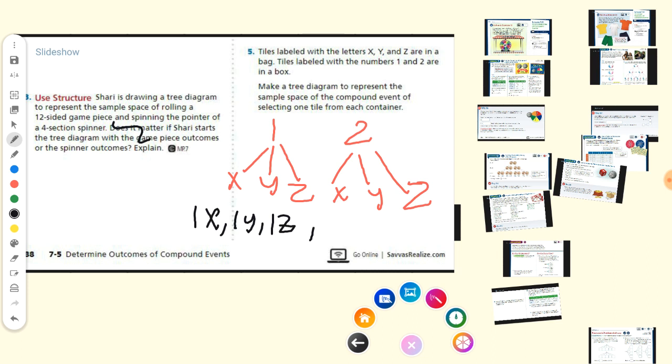Then 2X, 2Y, 2Z. So this is the sample space. Okay? This is how to write it as a tree.